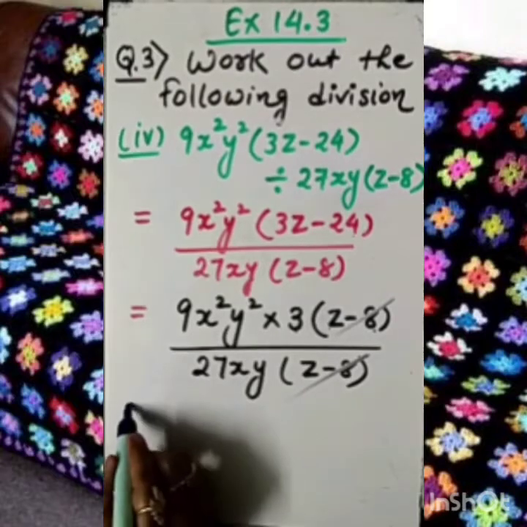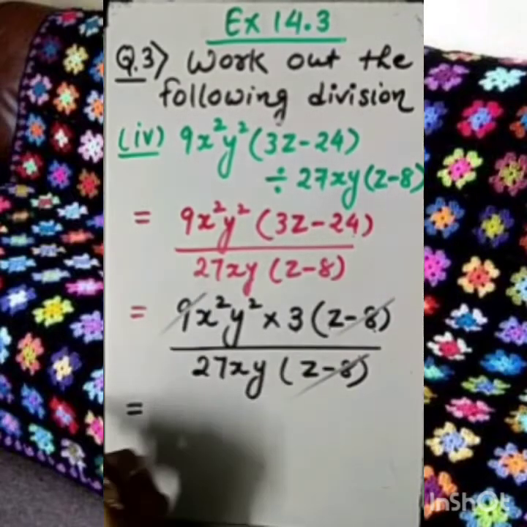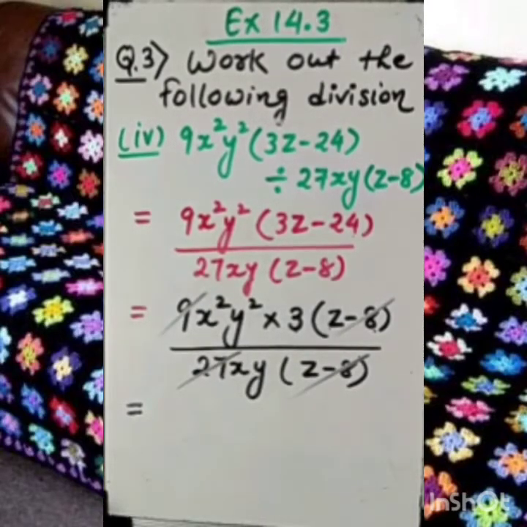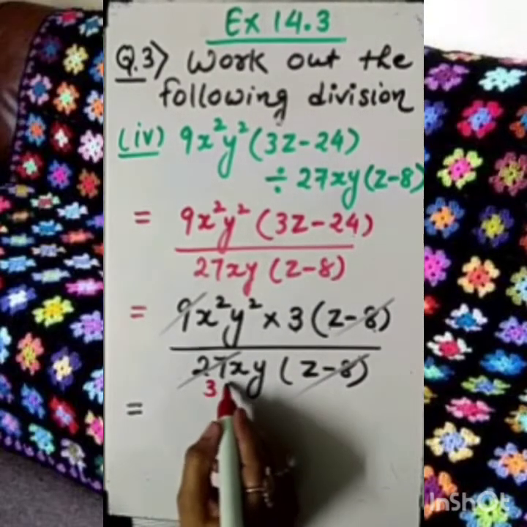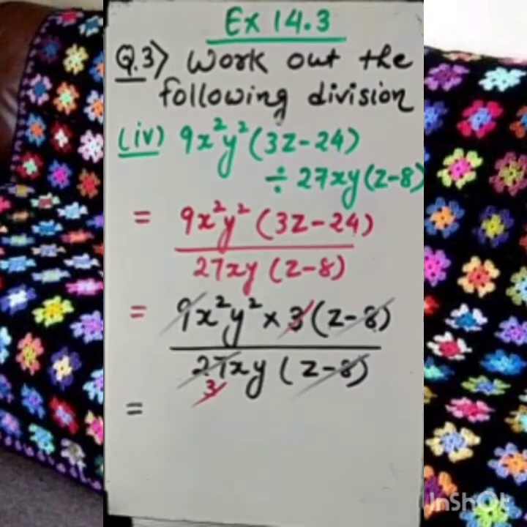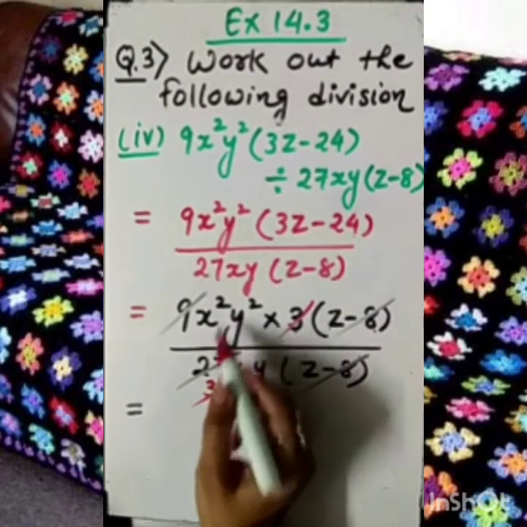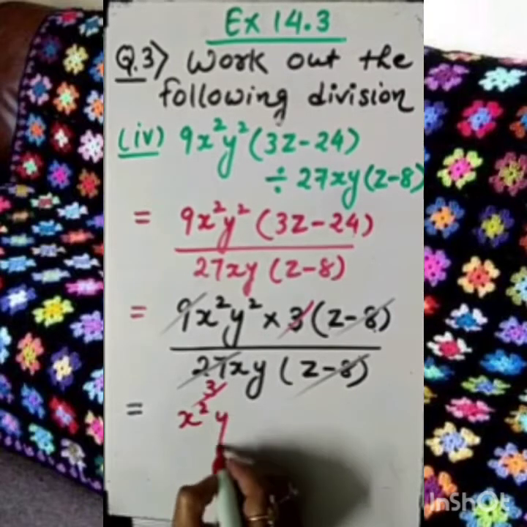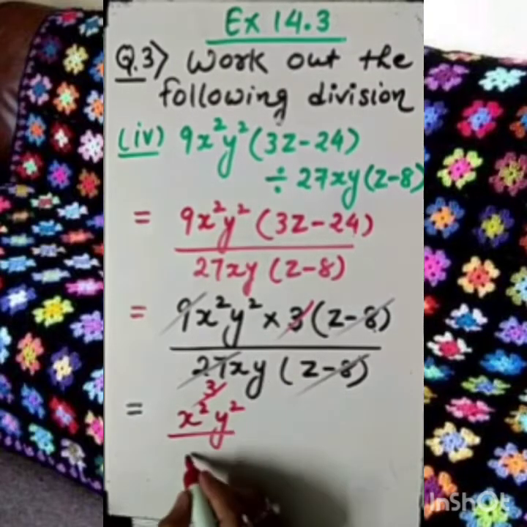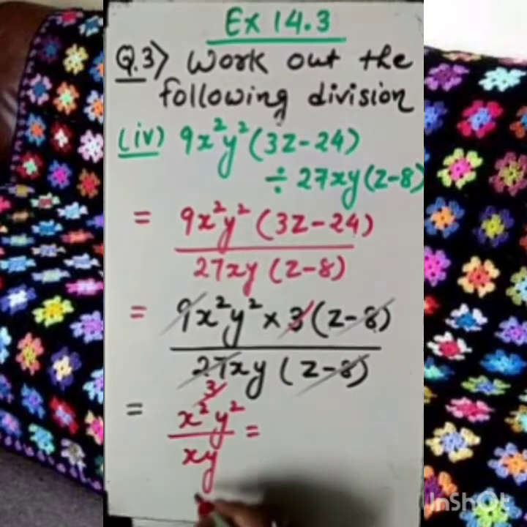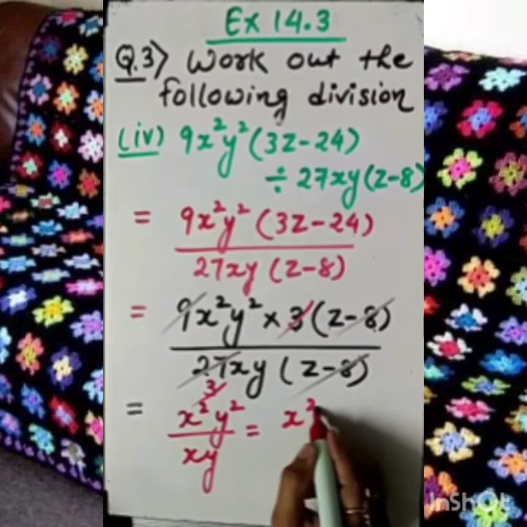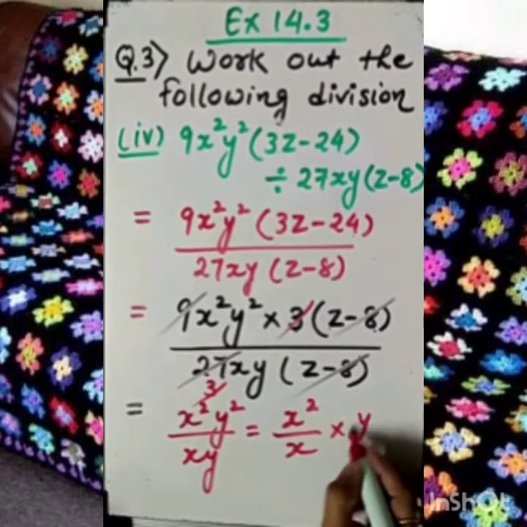Beside this, if I simplify, then 9 ones are 9, 9 threes are 27. Agree? So here 3 will be left, but this 3 will be cancelled with this 3. So what is left with us? x square y square in the numerator upon xy. What to do with this? This is also x square upon x, into y square upon y.